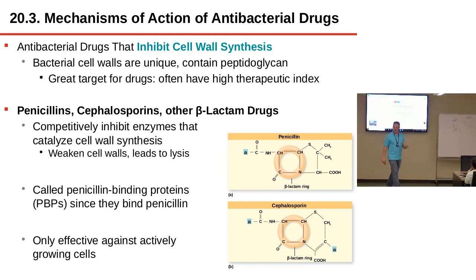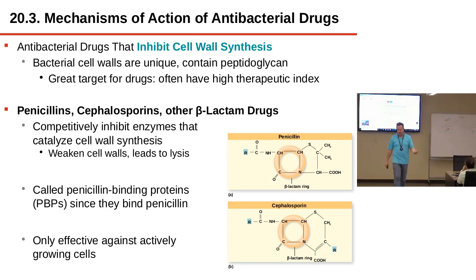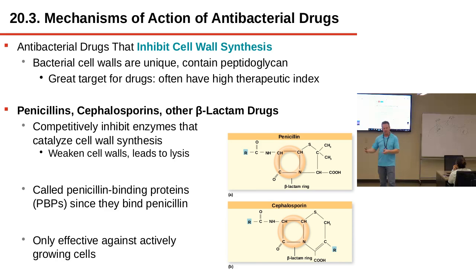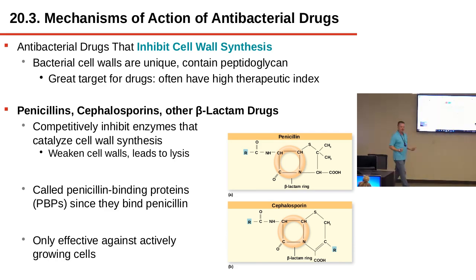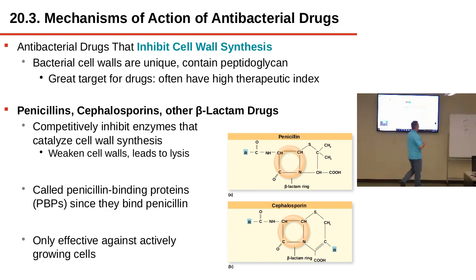That peptidoglycan on the bacteria doesn't magically appear, right? There are enzymes that come and build that. If I'm competitively inhibiting the enzyme, you have to go back and look at your freshman biology: an enzyme has 2 spots. It has its structure, and then it has its active site, where whatever it's acting on binds and allows the enzyme to do its job.